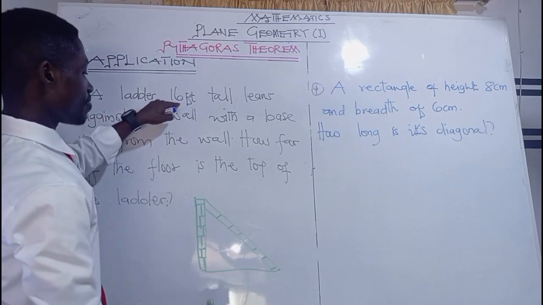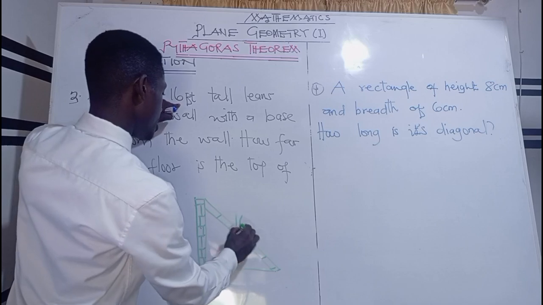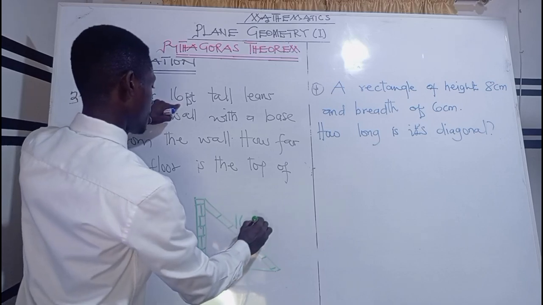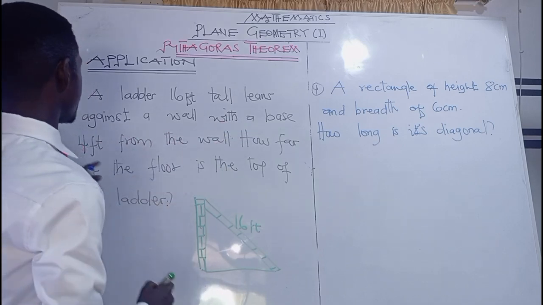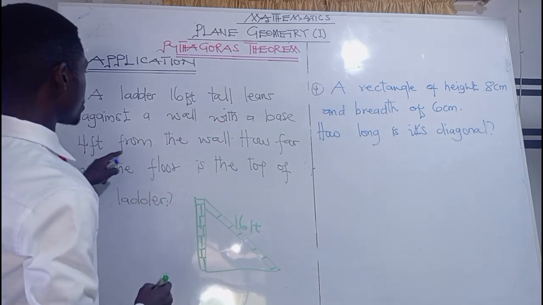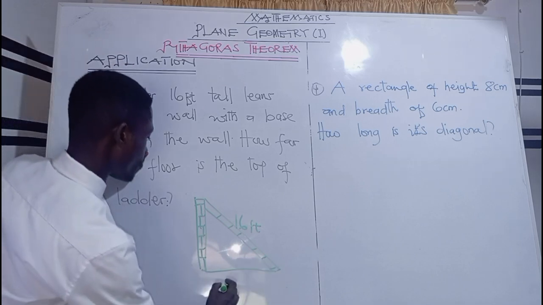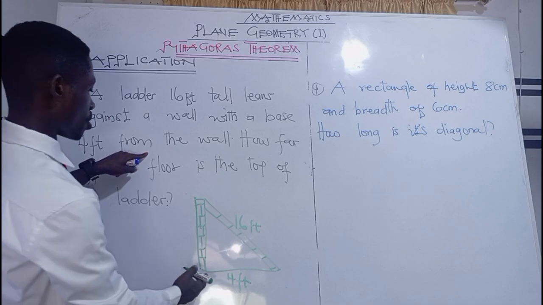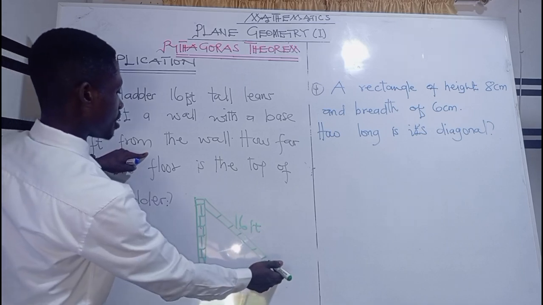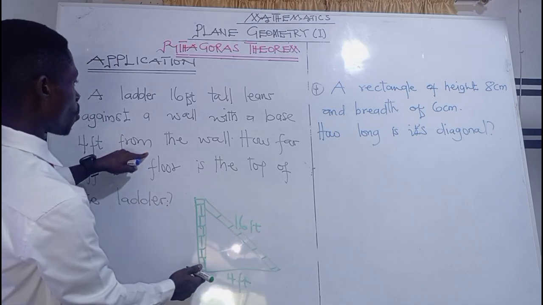So the ladder is 16 feet. It leans against a vertical wall with a base of 4 feet from the wall. So the base of the ladder is 4 feet away from the wall.